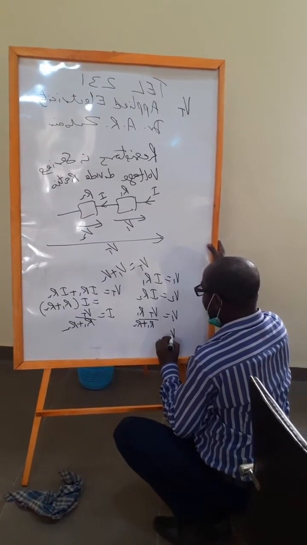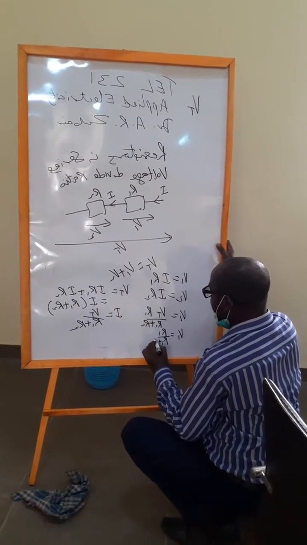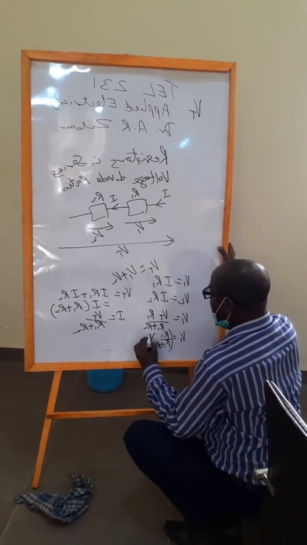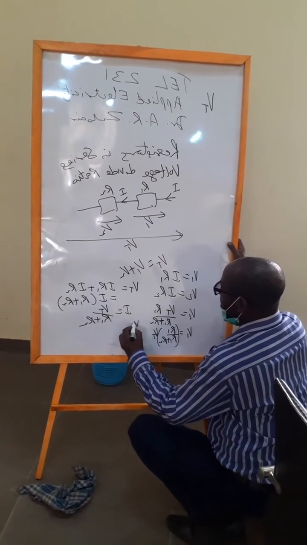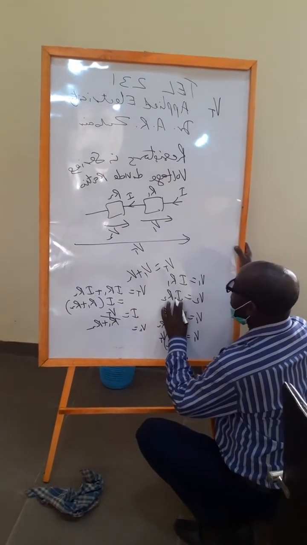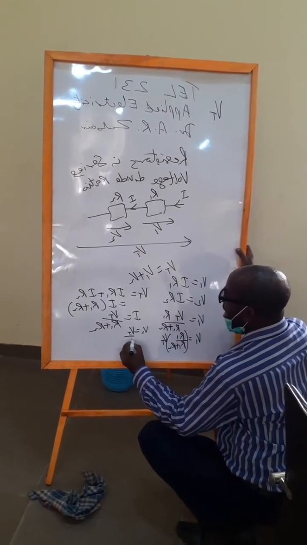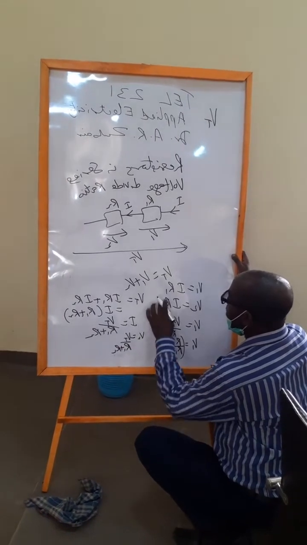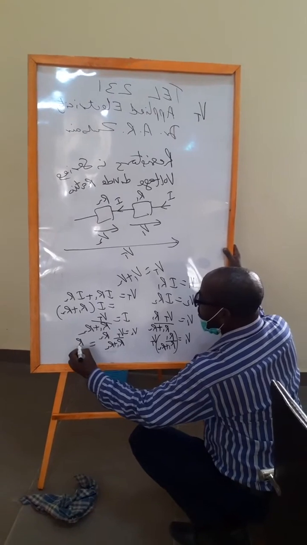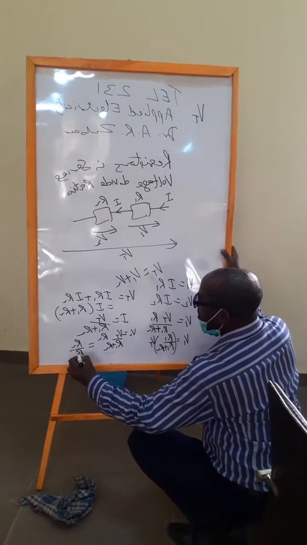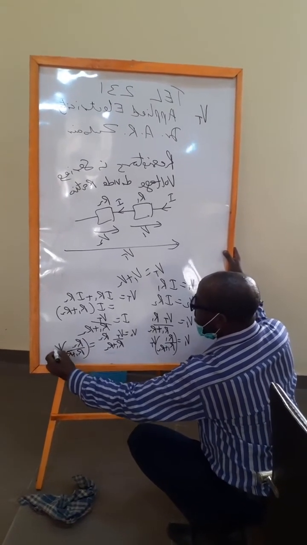I can say that V1 is going to be equal to R1 over R1 plus R2 multiplied by Vt. For V2, I can write the same thing. V2 equals, instead of IR2, Vt over R1 plus R2 multiplied by R2. So I can write it as R2 over R1 plus R2 multiplied by Vt.